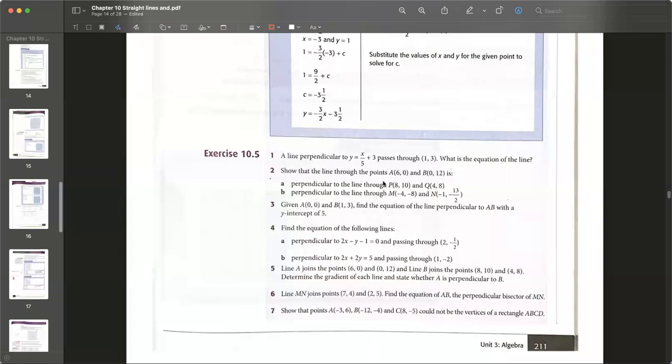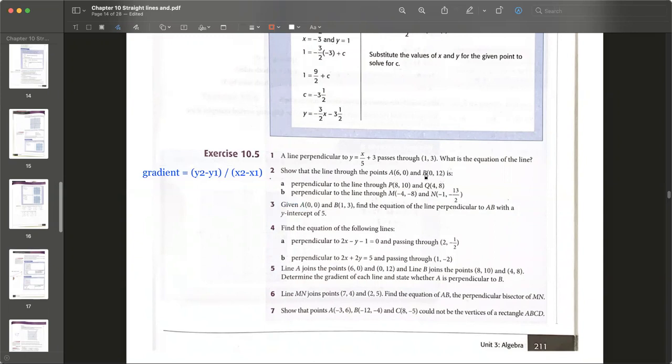So for question number 2, you need to find the first gradient first. In order to find the gradient, gradient is always equal to y2 minus y1 over x2 minus x1. So here you have two coordinates. You need to make sure which is number 1 and which is number 2. So here I'm going to say A is number 1, B is number 2.